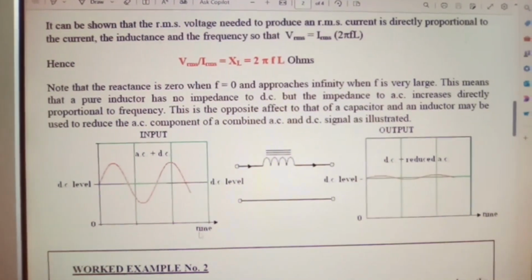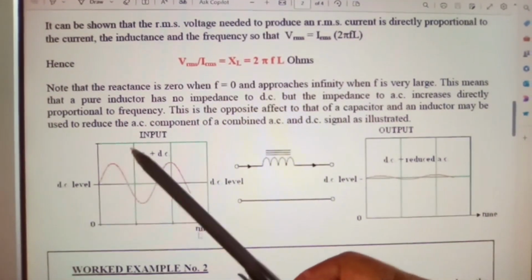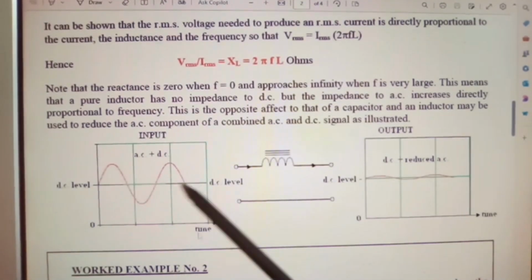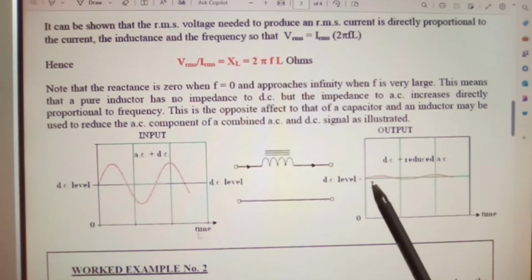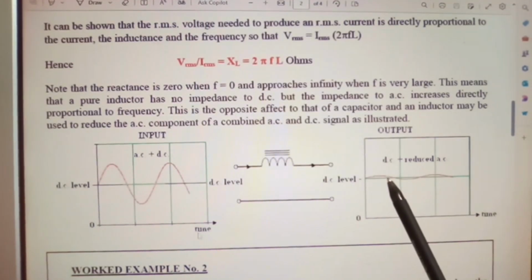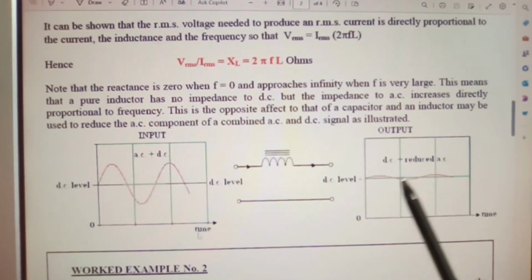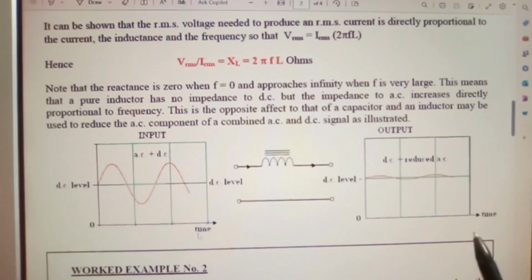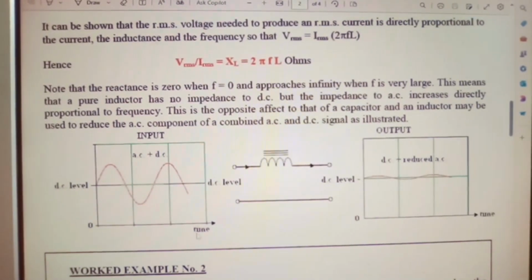And here, this is what we're saying. We have our AC plus DC input signal, okay? You can see its amplitude, but here we almost have a smoothing out of the amplitude. So we can dictate or manipulate the input and output signal as we wish.